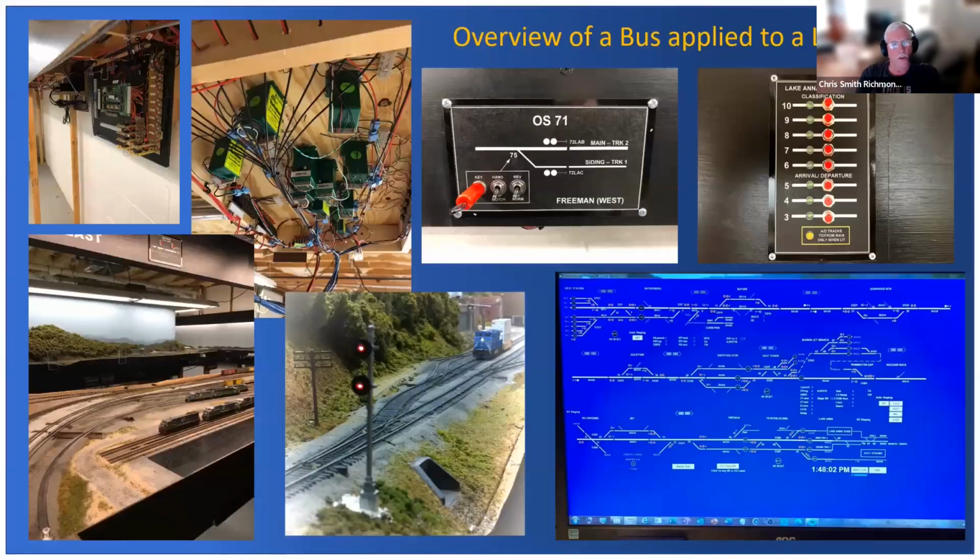So that was a brief overview. We don't have much time to go into much more, but I wanted to show you a few things that I do with a layout control bus and how it enhances our enjoyment of the layout.